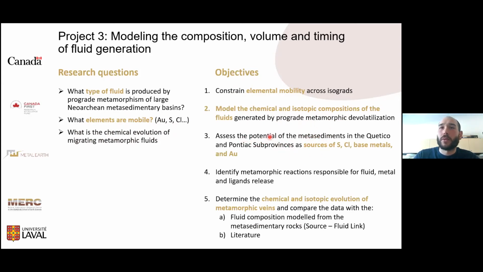Assess the potential of the metasediments in the Quetico and the Pontiac subprovinces as sources of sulfur, chlorine, base metals, and gold. Track the metamorphic reactions that are responsible for those releases, and determine the chemical and isotopic evolution of transposed metamorphic veins that we can find.